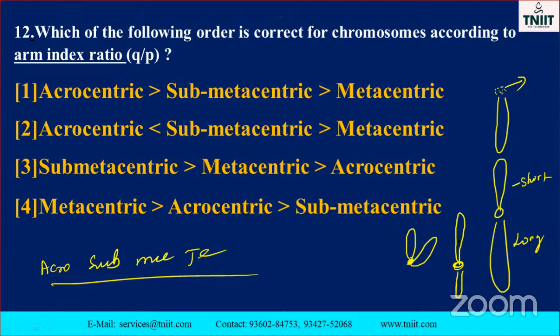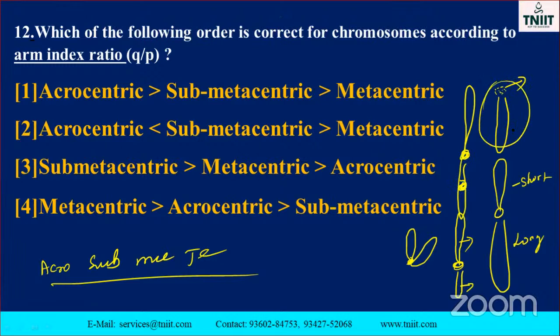Submeta means one is a short arm, another is a long arm. Suppose take an example, this is considered a normal one. See here, this is the normal one. Both arms are equal. That is called metacentric. Submeta means the centromere occupies this place, that is called submeta.